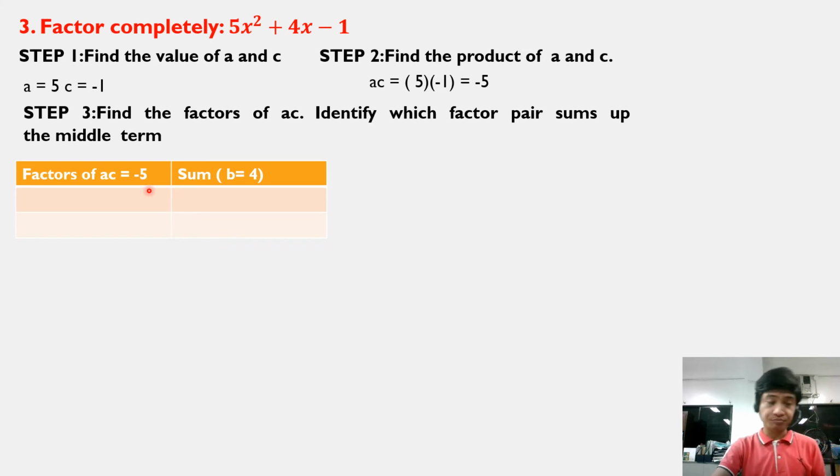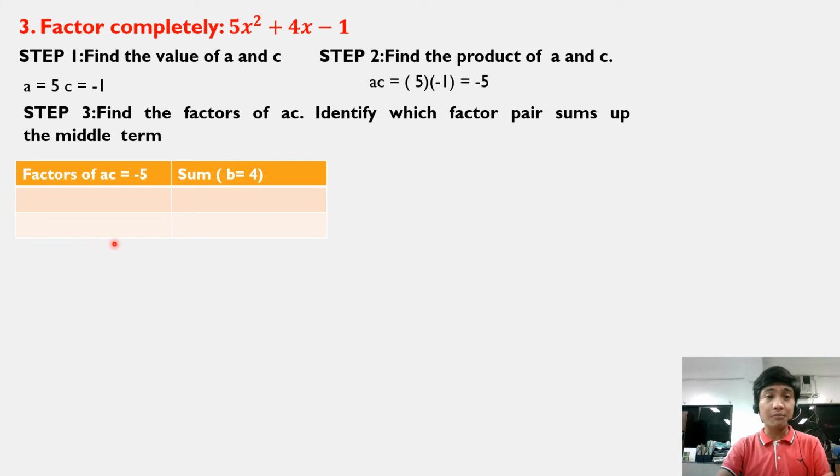Ngayon ganito po. Dahil ang AC natin ay negative 5, sa rule ng integers, para makakuha ka ng negative as a product, yan ay dapat isang positive tsaka isang negative ang multiply. Anong ibig kong sabihin? Ibig sabihin, yung ilalagay nating kombinasyon ng mga numbers dito o mga pares ng numero dito ay isang negative, isang positive.